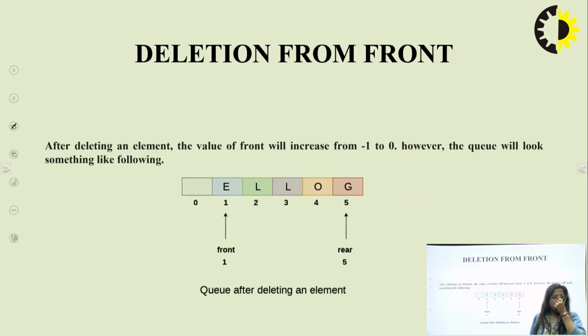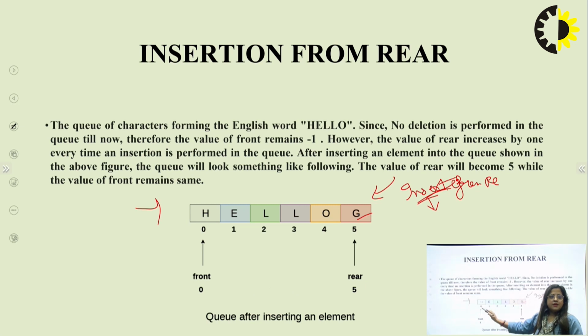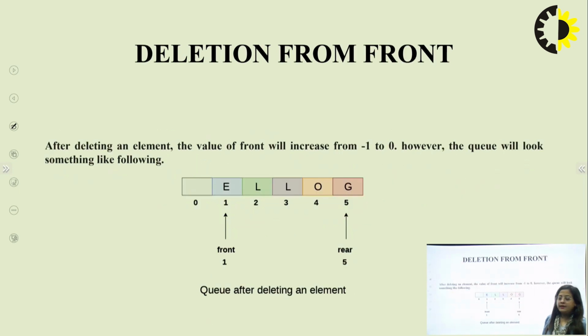Same with this. Now delete from the front. According to this, there are restrictions to delete from the front in a queue. Now you want to delete the first element. So what is the first element? H. The front indicates H, which is index 0. Now you want to delete H because it came first.